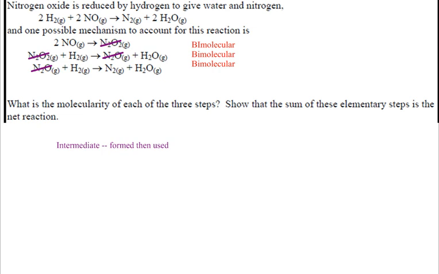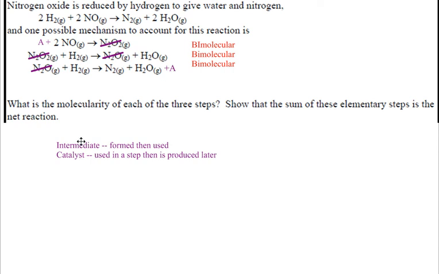If we had a catalyst, though, a catalyst will look similar to an intermediate in that it will actually cancel out, it will be on both sides of the equation, except it is used and then produced. So if we had a catalyst here, let's say that element A is a catalyst, it would be a reactant at the beginning, and then possibly show up in the next reaction, but it would end up before you finished or even at the finish, exiting the system.